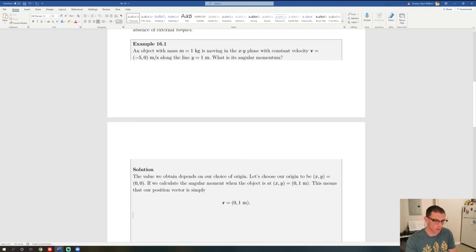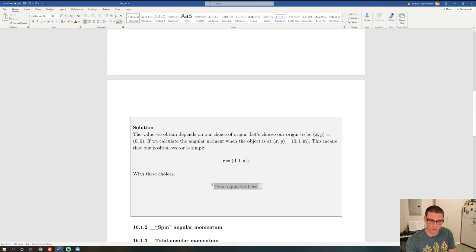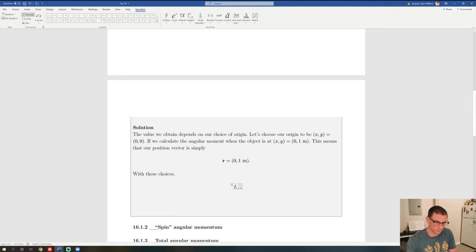We'll say the orbital angular momentum should be rmv sine theta. r is 1 meter, m is 1 kilogram, and v, remember it's the magnitude of v because we're calculating a magnitude, is 5 meters per second.